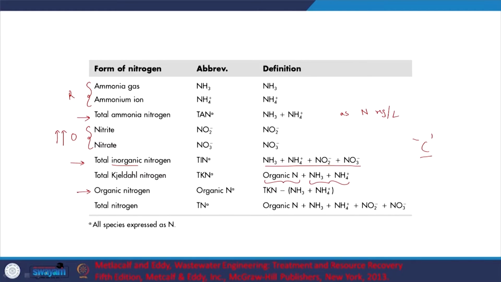But how do you differentiate between total Kjeldahl nitrogen and organic nitrogen? Both depend on the Kjeldahl method, but in the measurement of organic nitrogen, we try to remove the ammonia from the solution, typically by boiling and allowing for change in phase. Obviously, you need to look at the pH too, right.